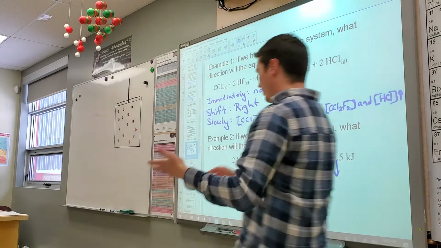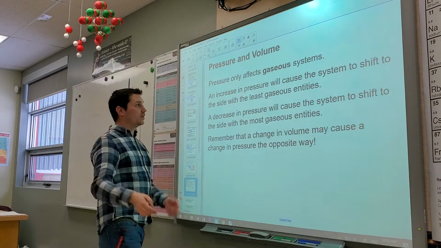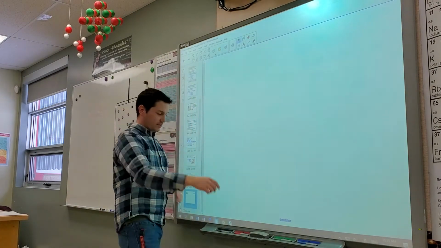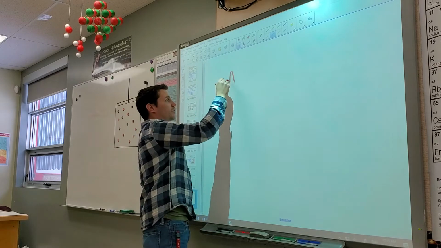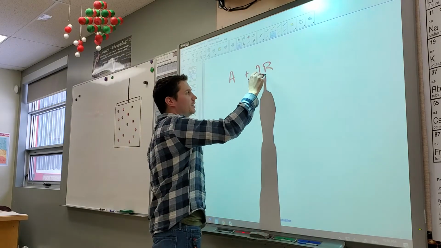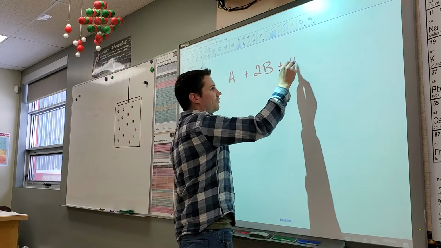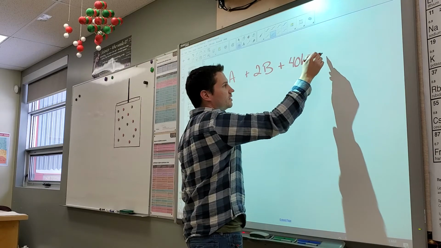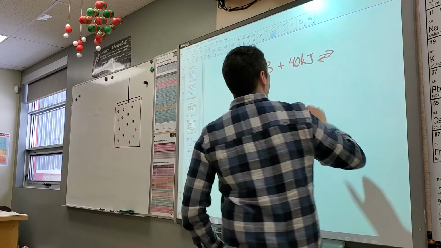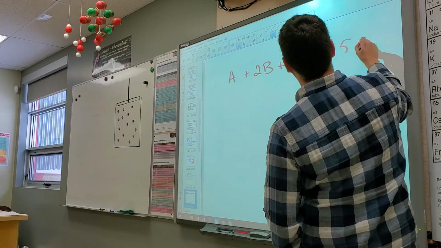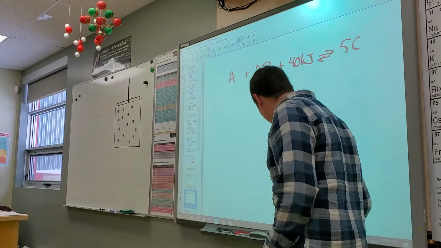For example, I'm going to do a brand new reaction, it doesn't really matter: A plus 2B plus 40 kilojoules turning into 5C.